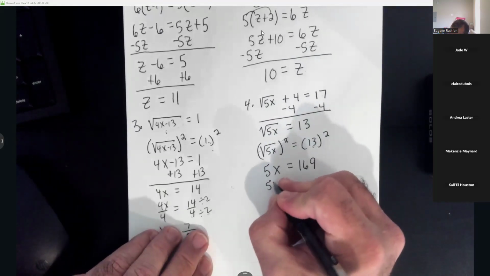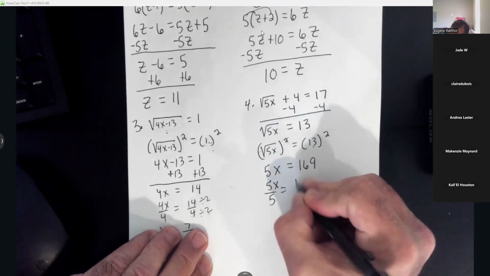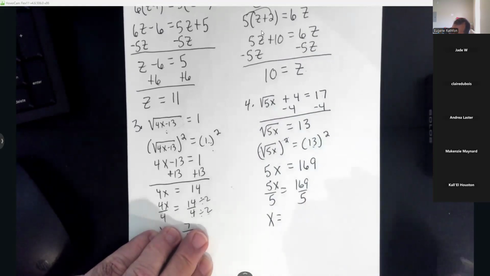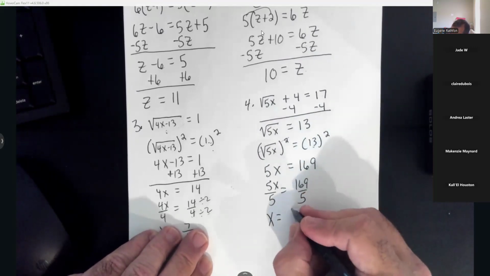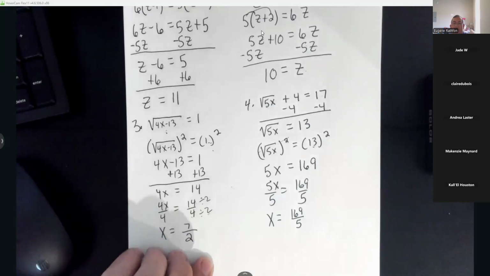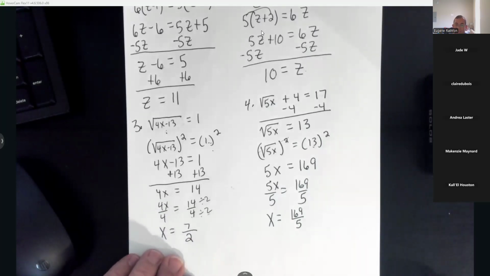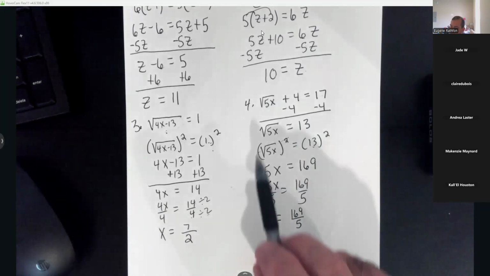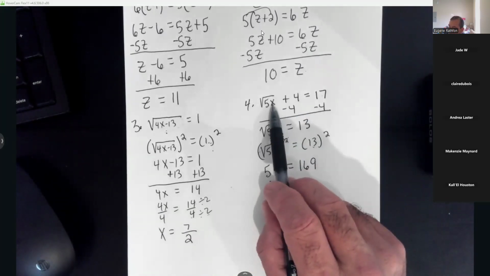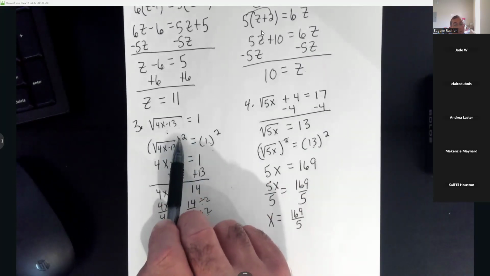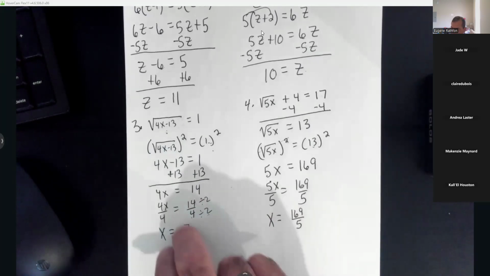Divide both sides by 5. So that gives me a 1x. And y'all, I can't do nothing to that, so I'm going to keep that at 169 over 5. Final answer. Okay, so it's just a matter: if the numbers are not under the radicals, you can move them. If they are under the radicals, you got to do the square first, okay?